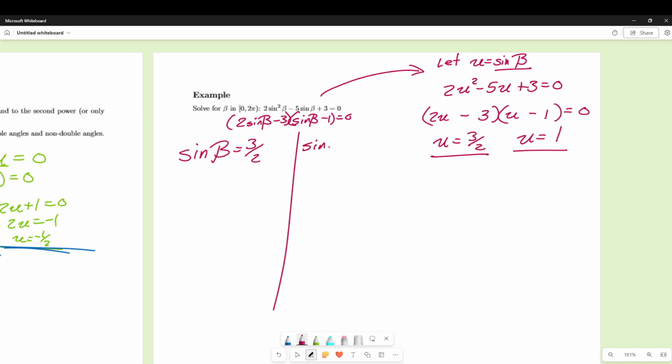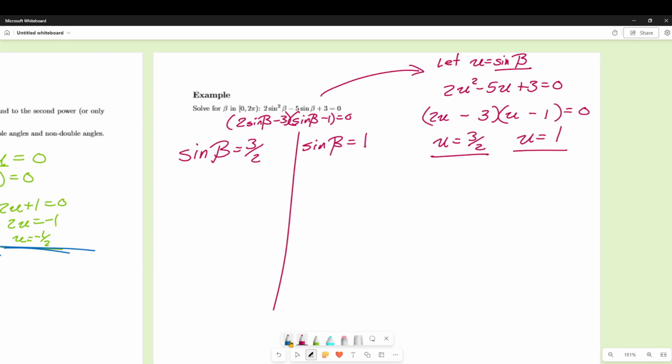And then sine beta equals 1, and solve that. So really, consider using this u substitution to use the visual cues that you're used to using to try to make the problems a little bit nicer.